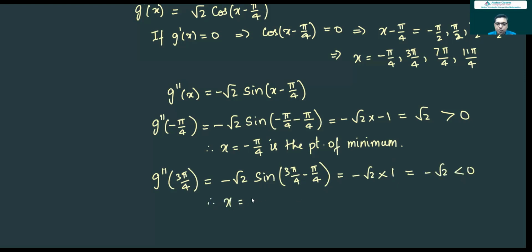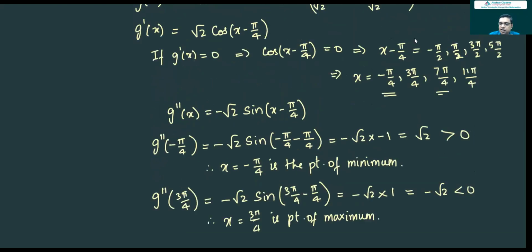Therefore, x equal to 3 pi by 4 is the point of maximum. Okay. And 7 pi by 4 is nothing but 2 pi minus pi by 4. And 11 pi by 4 is 2 pi plus 3 pi by 4.